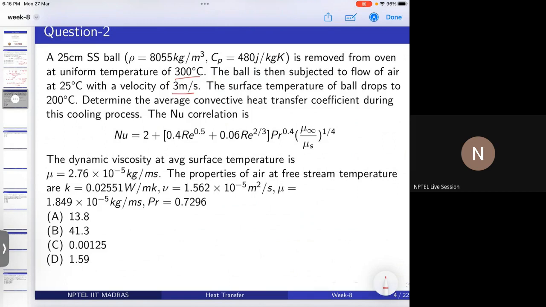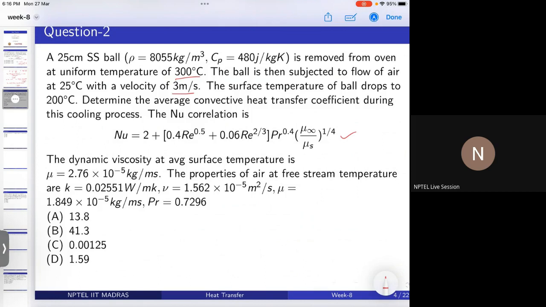But in this question, it is said that the ball is placed in the path of flow of air, which is flowing at 3 meter per second, having a temperature of 25 degrees Celsius. Okay, but the correlation is given, so we have to find out the average heat transfer coefficient during this cooling process. So it's like a direct, just mathematics only required.